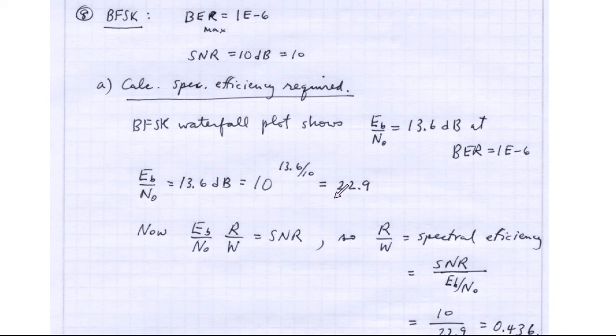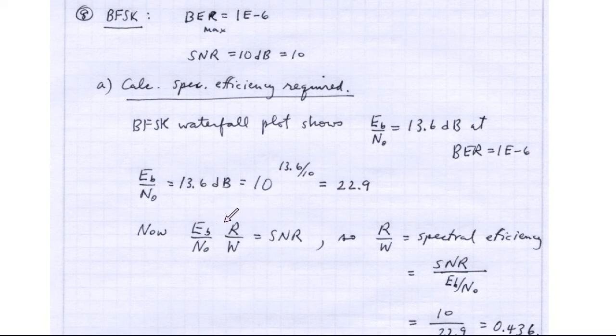And it's important that you do that transformation because here we're going to deal with that value as a multiplicative thing. Okay, so we have Eb over N naught times R over W is the signal to noise ratio. Why is that? Because the energy per bit times the bit rate gives the energy per second, or the energy rate, or the power, signal power.